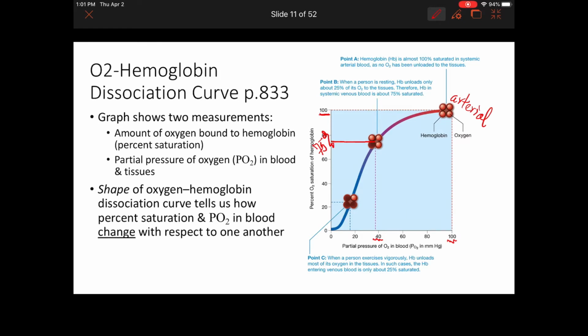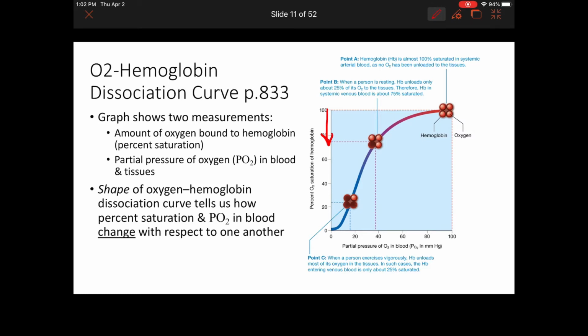So the main difference between arterial and venous blood in terms of saturation only decreases about 25%, about 1/4.